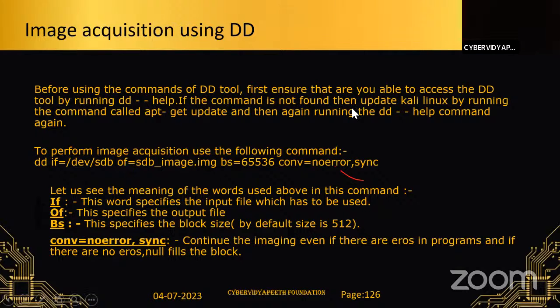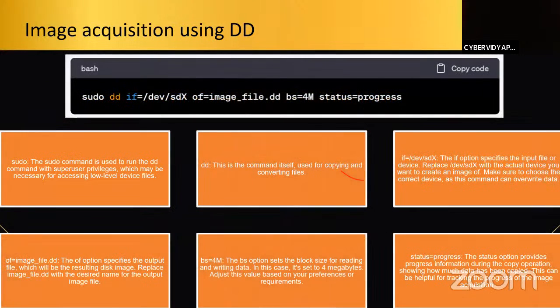And we read the dd tool commands yesterday. I don't want to repeat it, but for recap, image acquisition with dd is a very simple command: sudo dd. Of course, you have to use sudo, super user rights, to use the dd command. First is the input, the disk you are mounting, from where you have to copy the data. Then the image file.dd, which is the file that will be created.